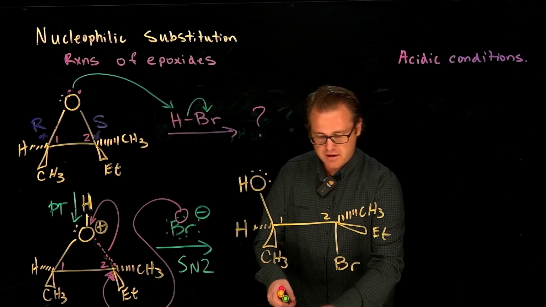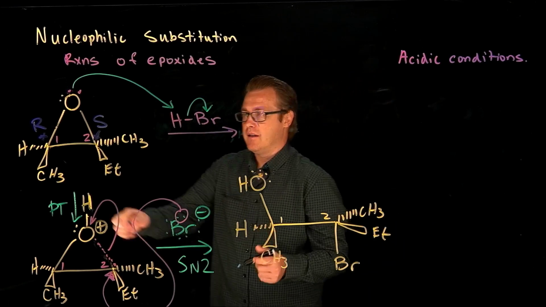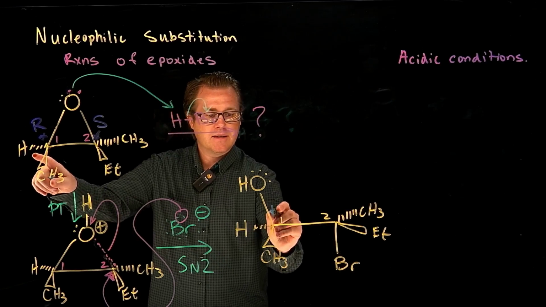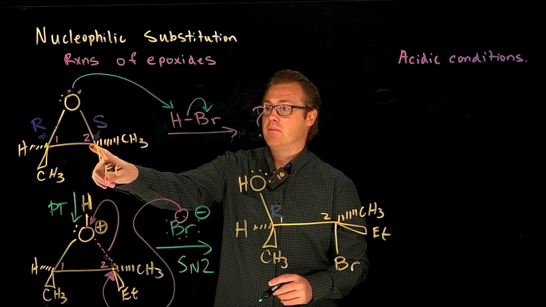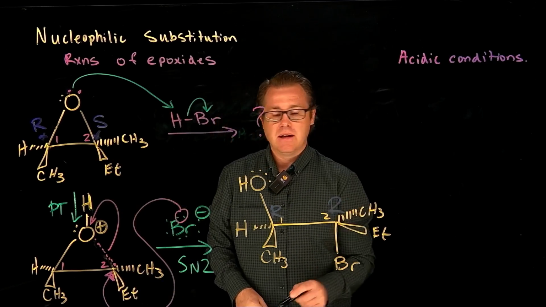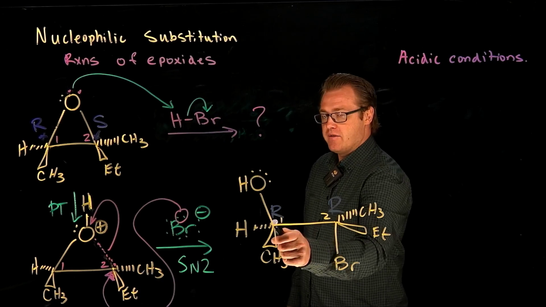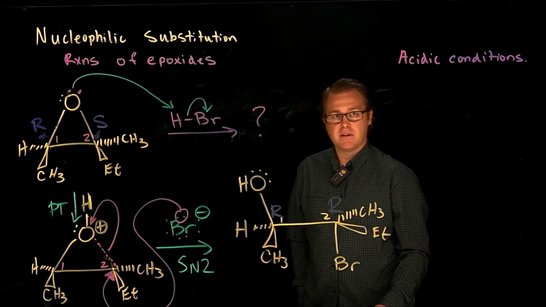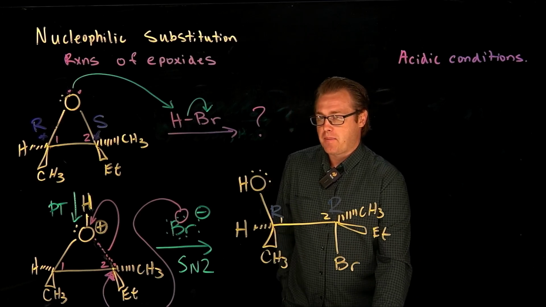So let's take a look at the stereochemistry now. Look at what's happened here. That is an R, that stays an R. This was an S at carbon 2, but we did backside attack, so that's going to invert that stereocenter. It's not inverting the stereocenter at carbon 1. So pretty slick.